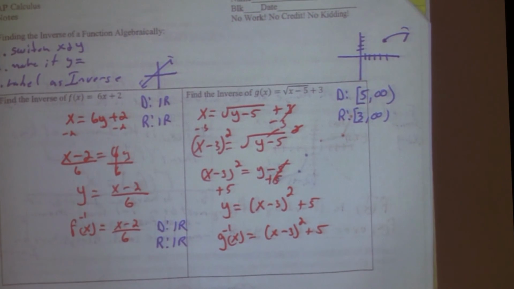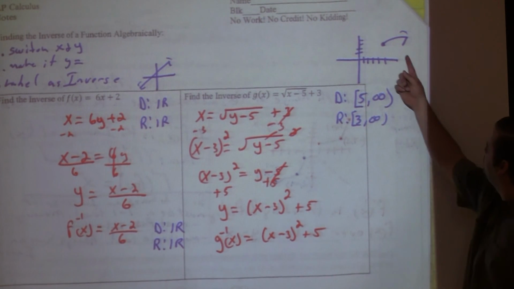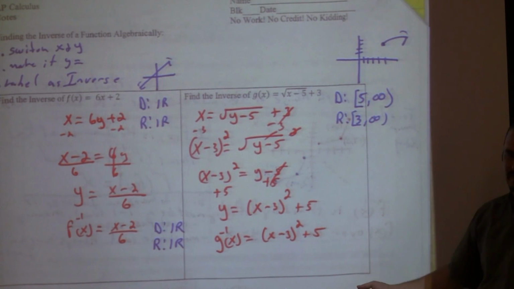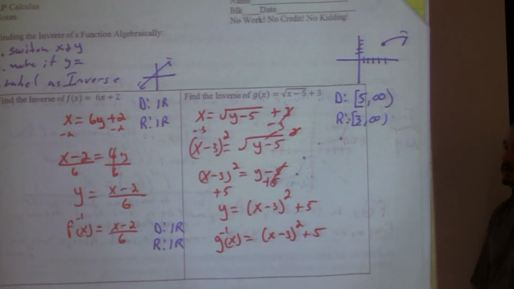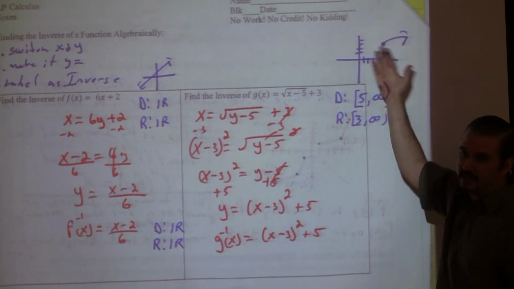Okay, now I gotta be careful here because this is a what? What does the graph of this one look like? A parabola, right? But I don't have a parabola here. So how could the reflection of that one give me a parabola? I need to cut the domain, right? I need to limit it to where I don't have the whole parabola. I only have half of the parabola that I'm going to reflect.